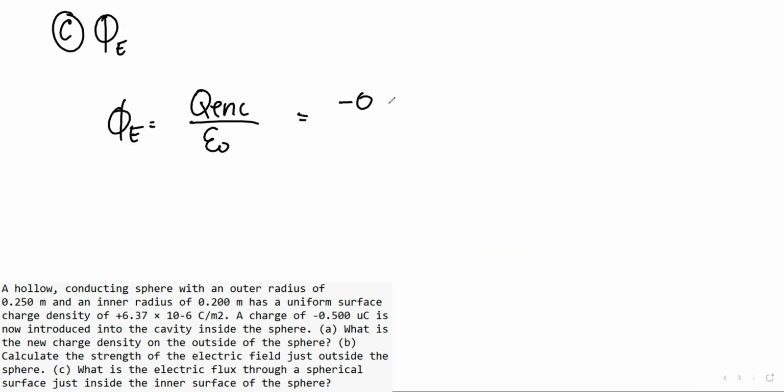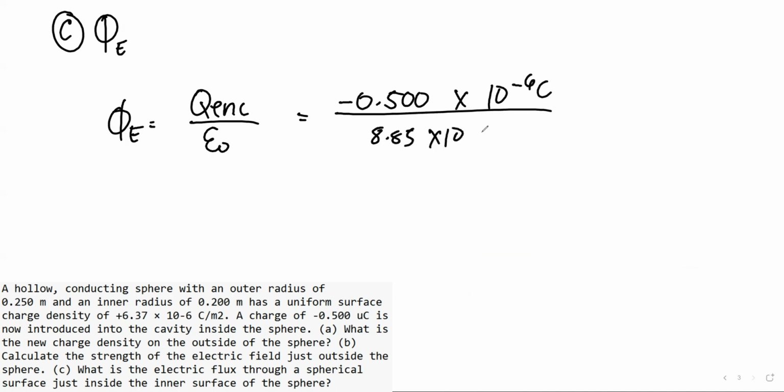That is negative 0.5, micro, so that's times 10 to the negative 6, divided by your 8.85 times 10 raised to negative 12 C squared over N m squared.